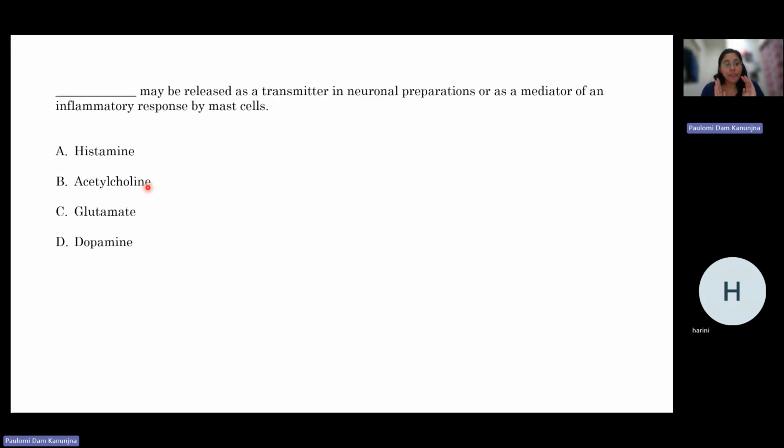Okay, now very important. Dash may be released as a transmitter in neuronal preparations or as a mediator of an inflammatory response by mast cells. So it tells you that in neuronal preparations it could be a transmitter, but it is also taking part in inflammation by mast cells.